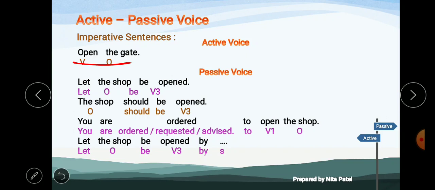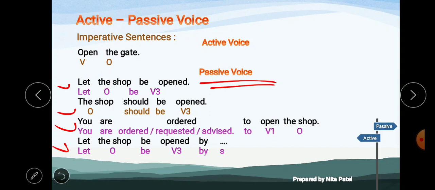Open the gate, cut the lemon into 2 pieces, right? So these are the imperative sentences. So it has the verb, it has the object, or other words are there. If there are any, they are just after the objects. So first verb will come and then our object. But in passive structure there are these 1, 2, 3 and 4 types.